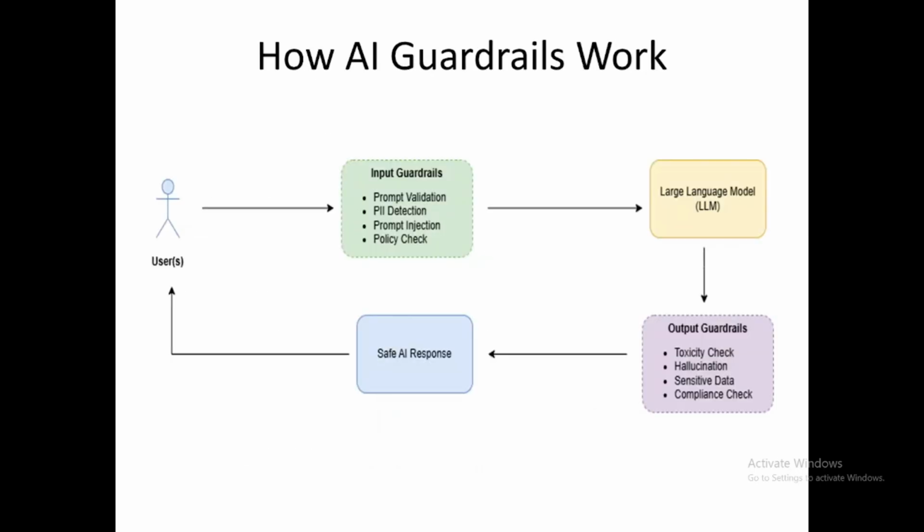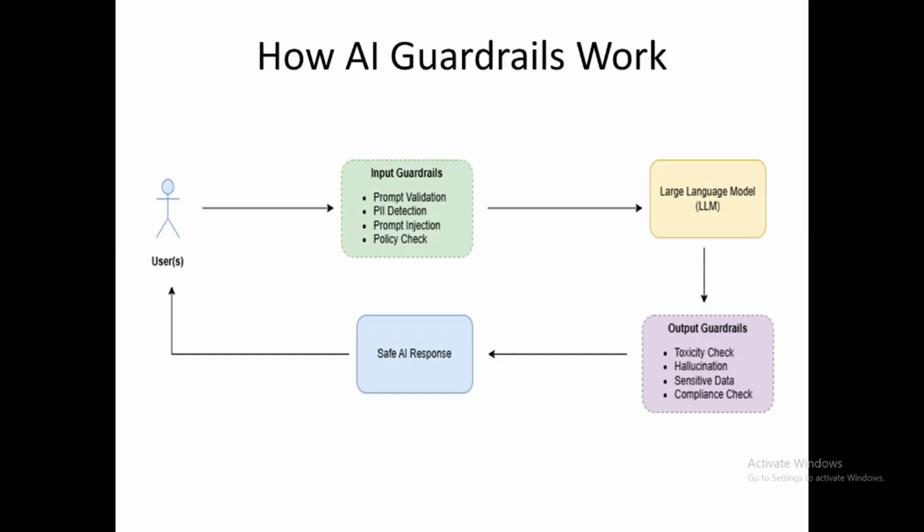Let me walk you through how AI guardrails work. It's a high level overview. With this diagram, we can understand a user trying to communicate with a large language model with some prompts.